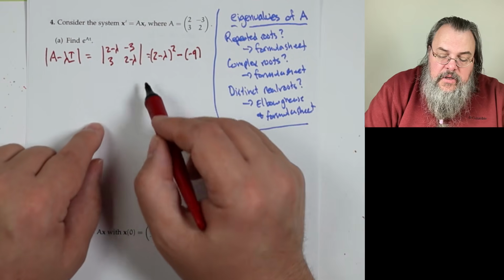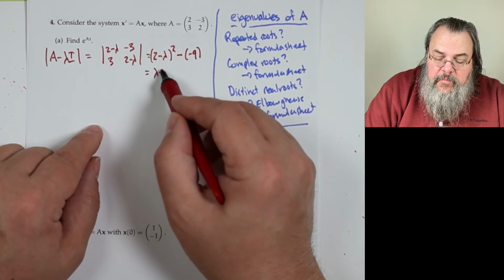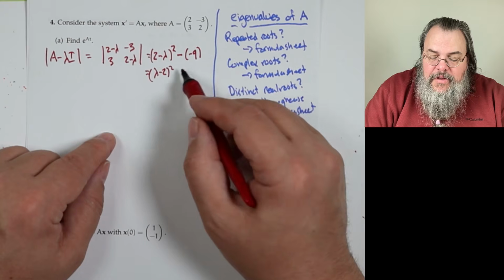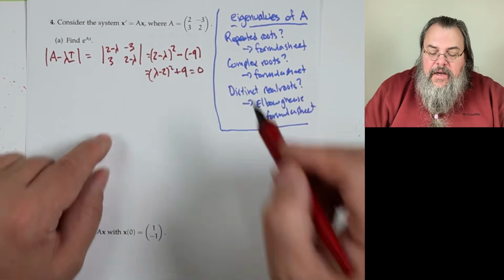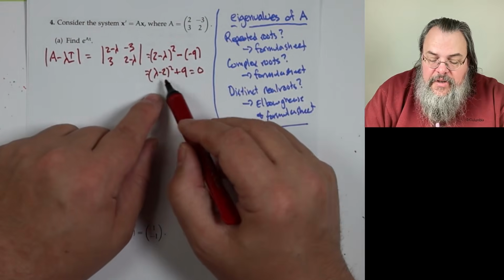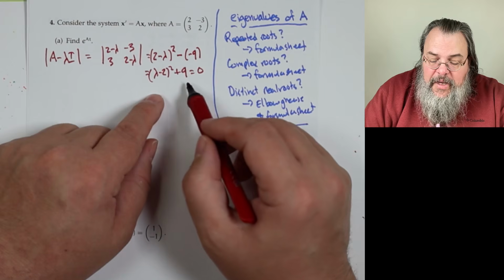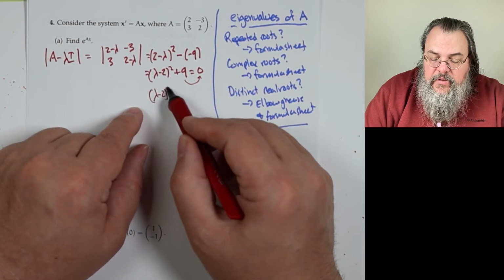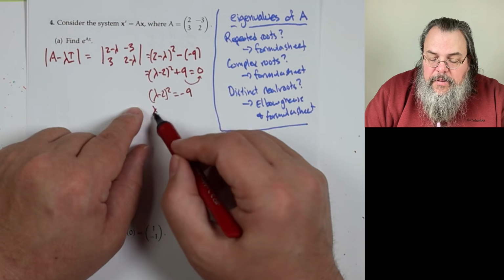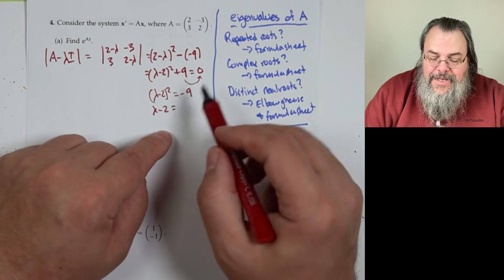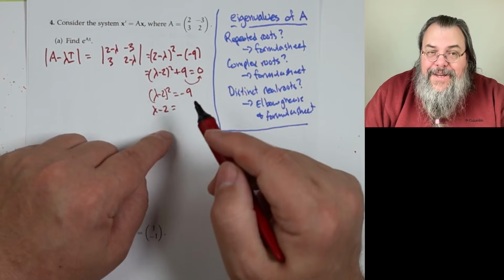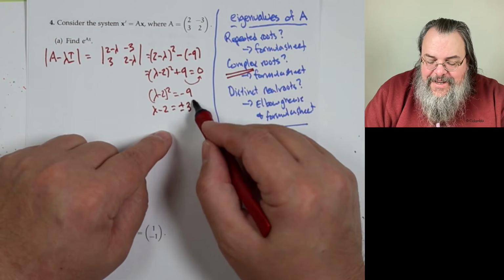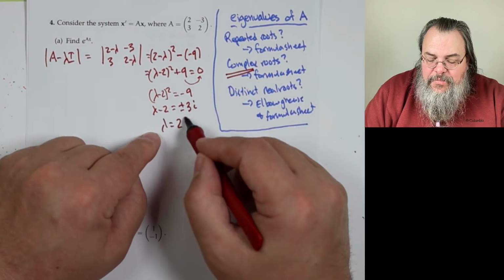This is lambda minus 2 squared, because if you put the negative through, it doesn't make any difference, plus 9. And we set this equal to 0. Because this is repeated, we don't expand, we can just solve. Move the 9 across, and we get lambda minus 2 quantity squared equals minus 9, or lambda minus 2, take the square root. You say, but there's negatives. Yes, things are going to get complex. So plus minus 3i, and lambda equals 2 plus minus 3i.